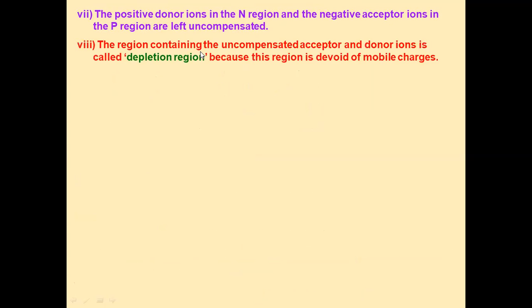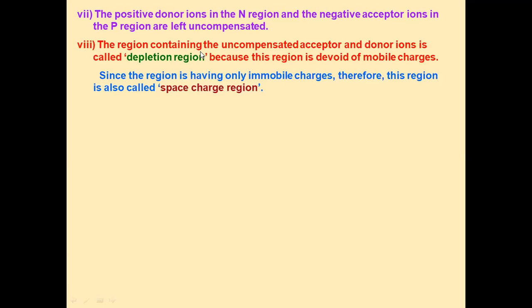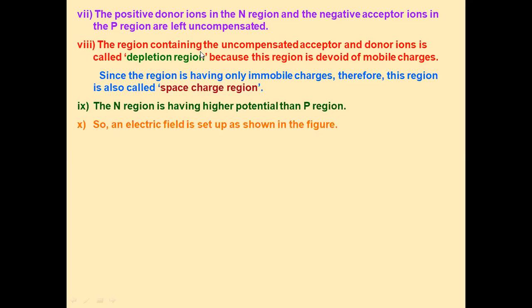So what is the result? The region containing the uncompensated acceptor and donor ions is known as depletion region. Since the region has only immobile charges, this region is also called space charge region.